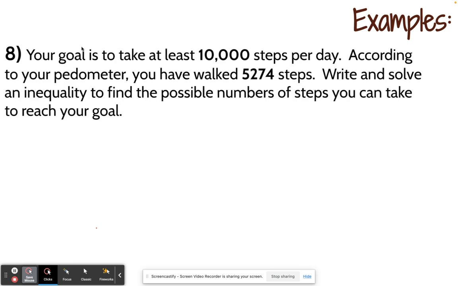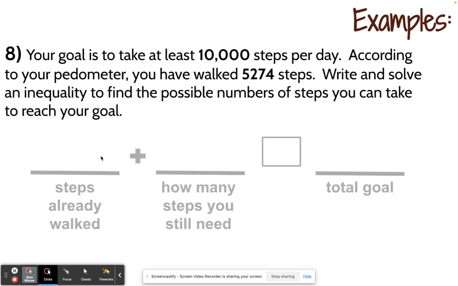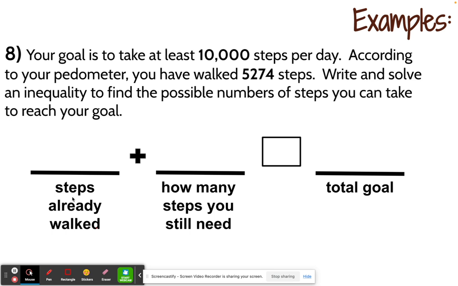Okay, let's look at my next. My goal is to take at least 10,000 steps. So if I take 10,000 steps, will I be happy? Sure. My goal is 10,000. According to my pedometer, I've walked 5,274.